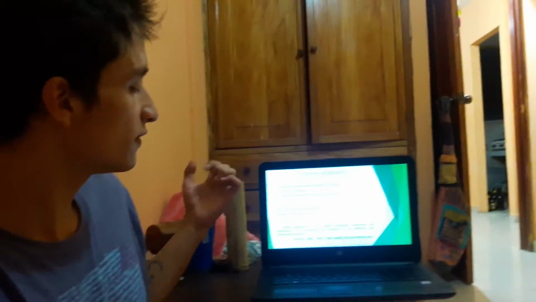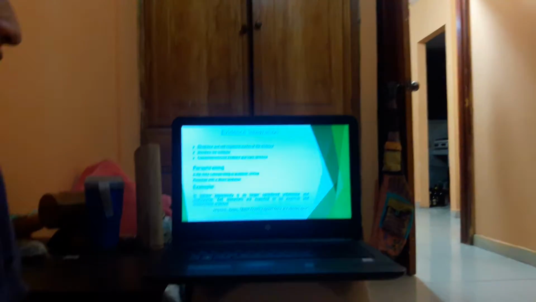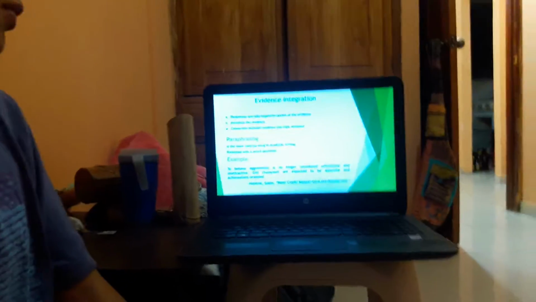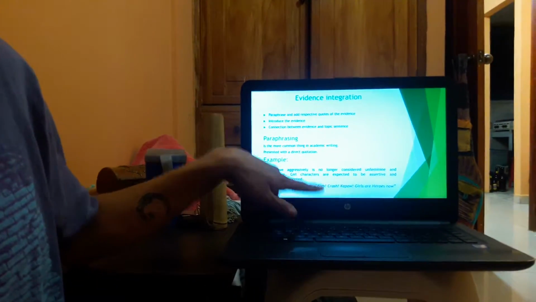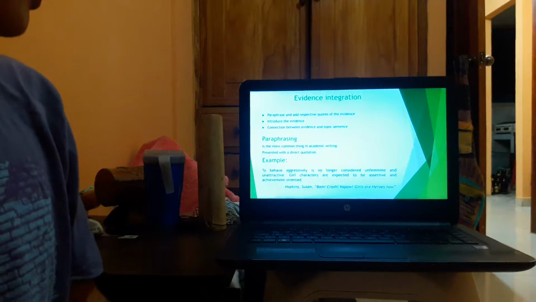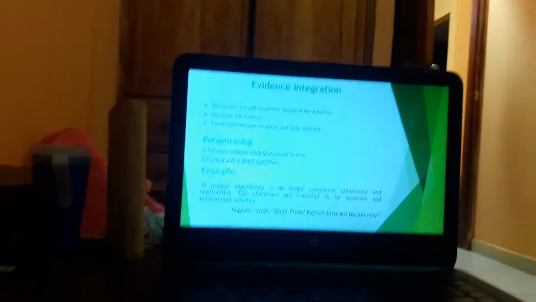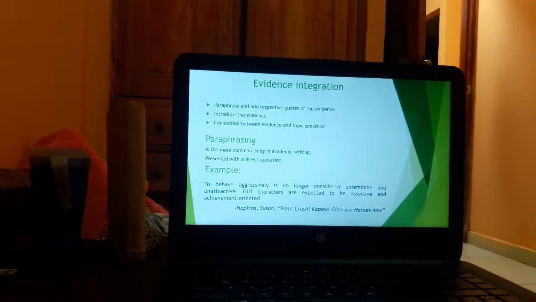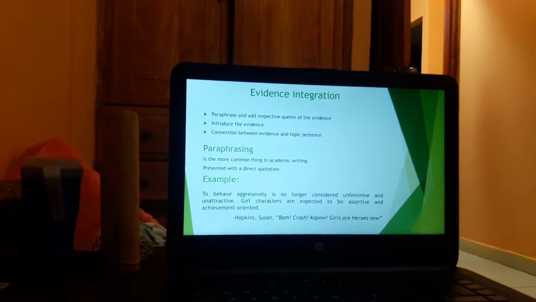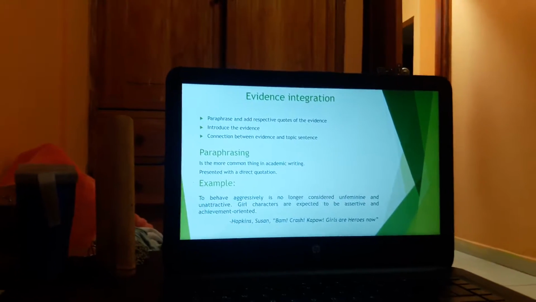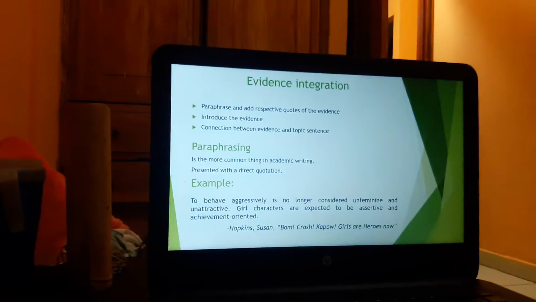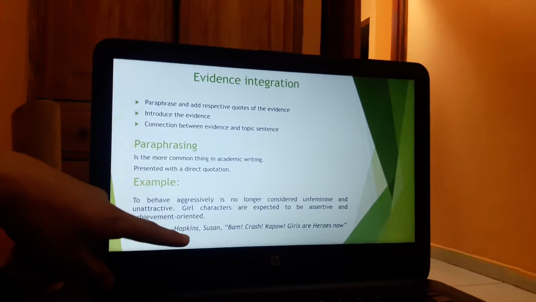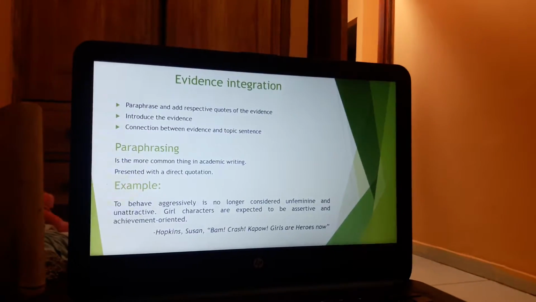For example, this is an example from Hopling Susan, who is the author of this article. This is an example which is directly cited from the source. As you can see, it has the same words from the article, and they mention the author.